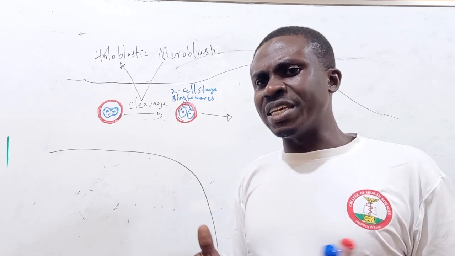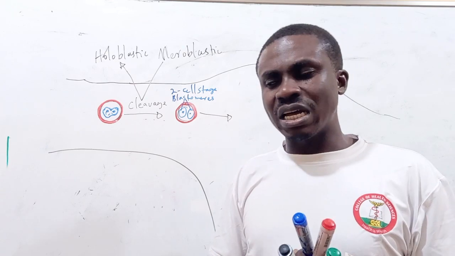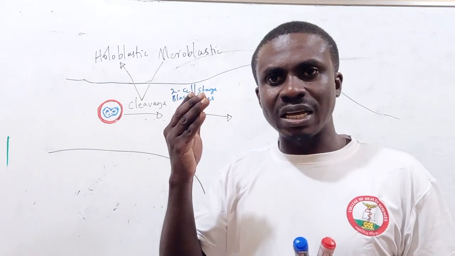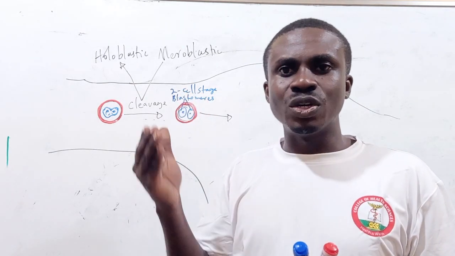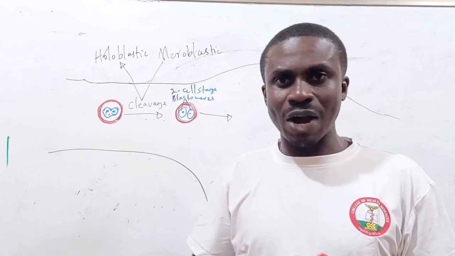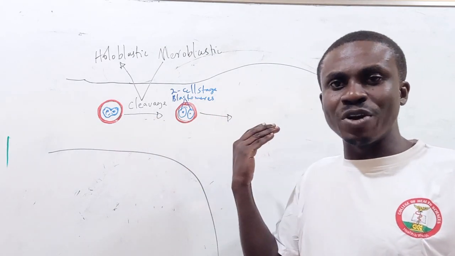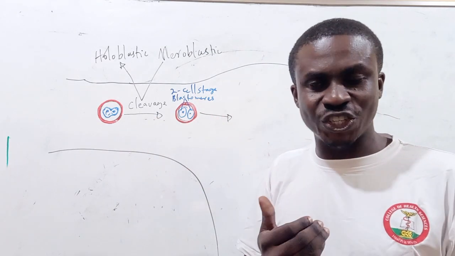Then the next one, usually from 36 to 48 hours, these two cells also divide. And so when they divide, we are going to get the 4-cell stage.